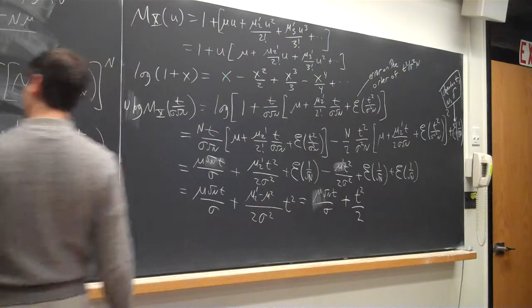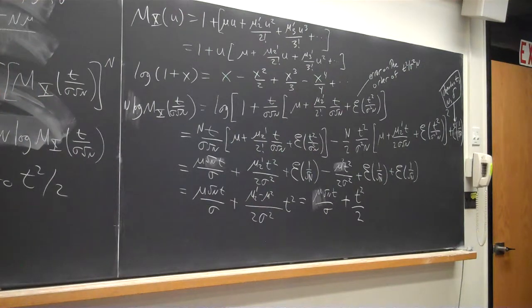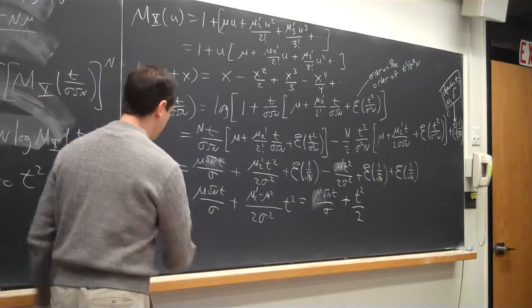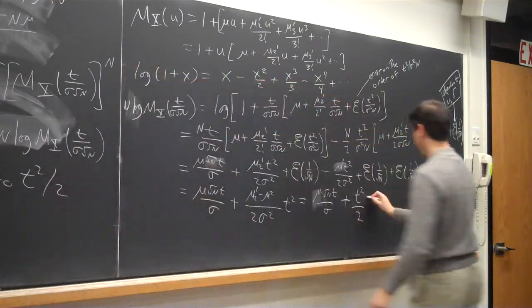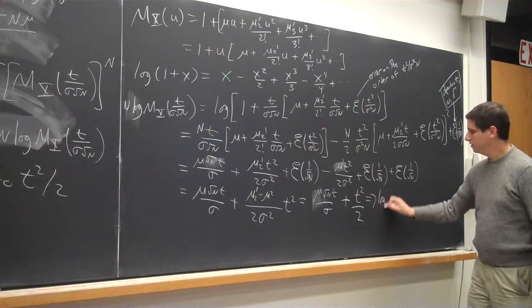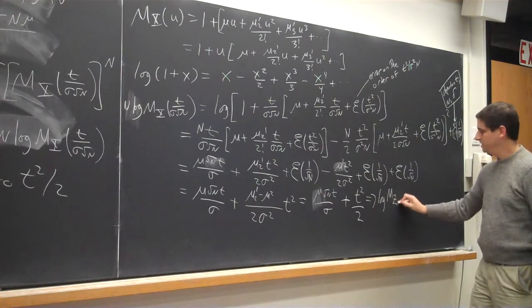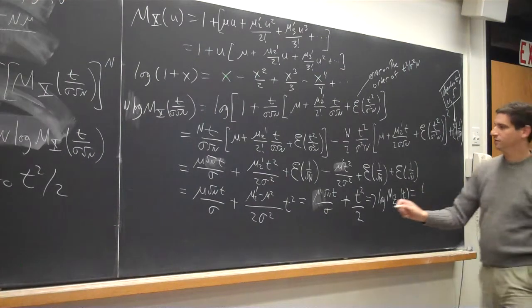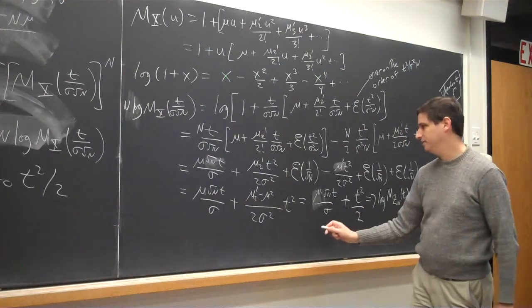We now have to plug that into our formula for the log of mzn of t. And when we put it in for the log of mzn of t, the negative mu square root of n t over sigma will cancel the mu square root of n t over sigma. And so we get the log of mzn of t is, oh, and of course I still have my error over here, right?